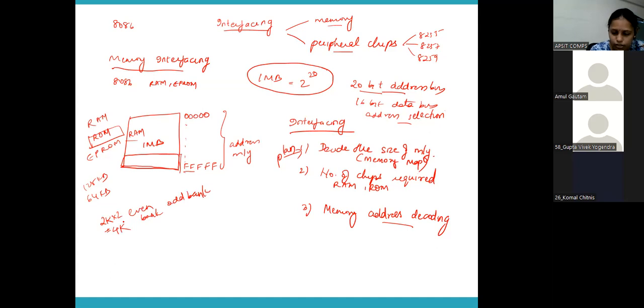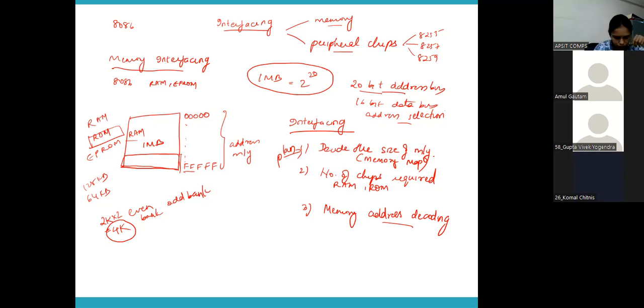The 2K restriction is because the smallest memory chip available is of 2K, and we have this even bank, odd bank concept, so we require two chips of 2K each. That is how you got this 4K.